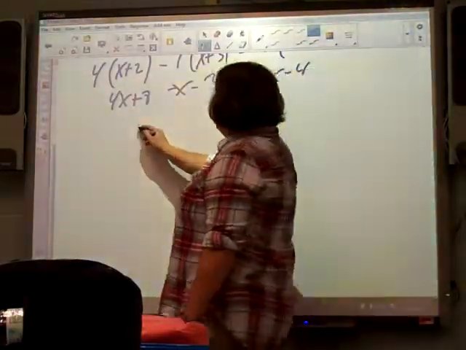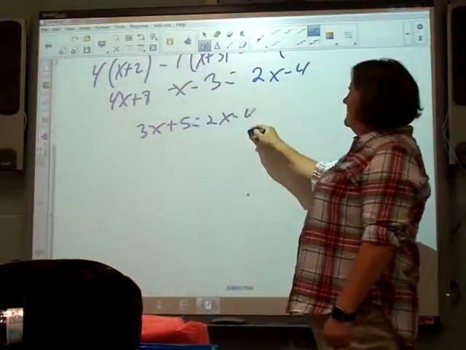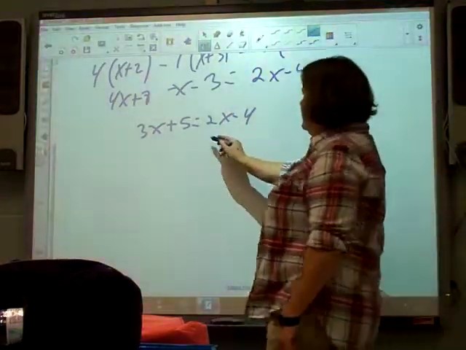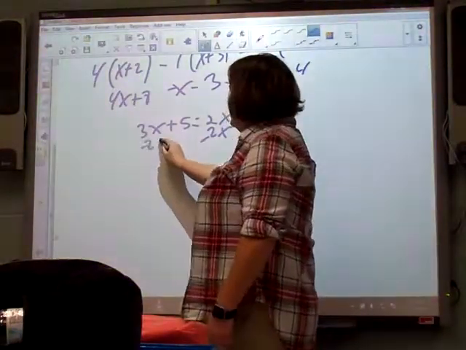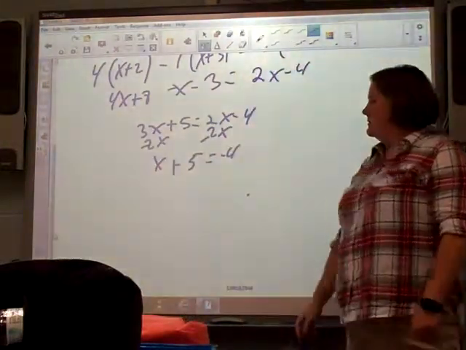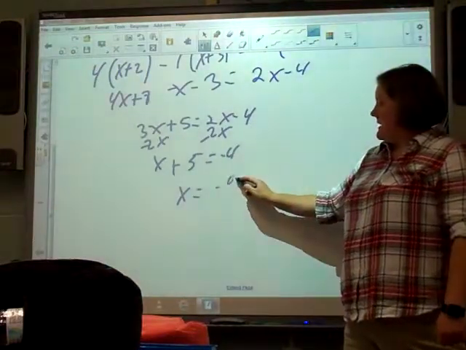It'll be 3x plus 5. Okay, now you got your 4-parter. Pick the part you want to start with. Subtract 2x. I like it. X plus 5 is negative 4. Be negative 9.